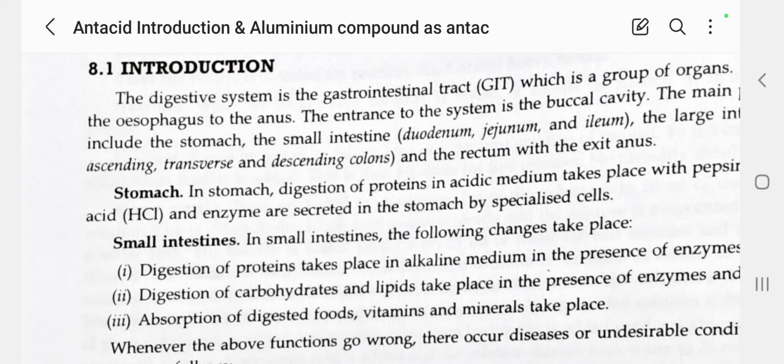So the GIT starts from the buccal cavity and travels through the esophagus and thereafter the stomach, from the stomach into small intestine and large intestine, and at last the rectum with the exit anus. So this is the proper digestive tract.